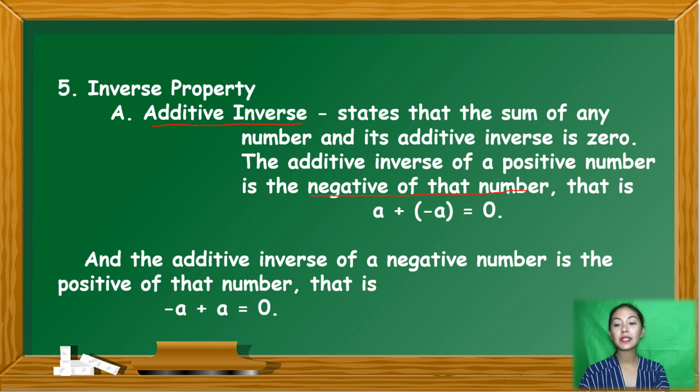So the result must be 0. We have a plus negative a is equal to 0. And the additive inverse of a negative number is the positive number. So if we have negative a, its additive inverse is positive a. Negative a plus positive a is still equal to 0.